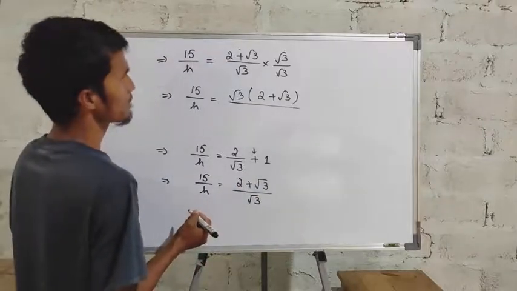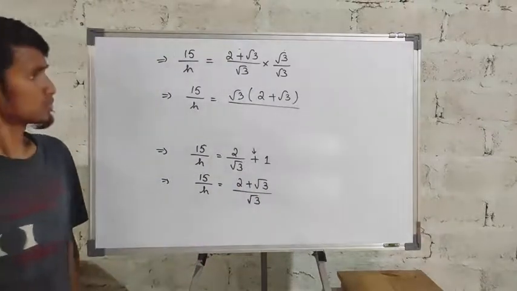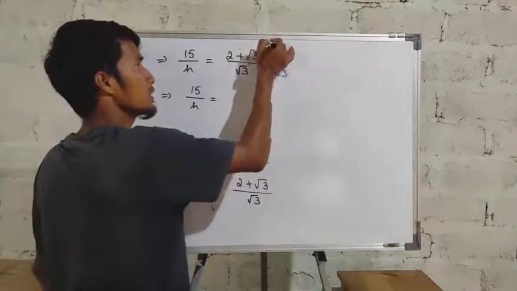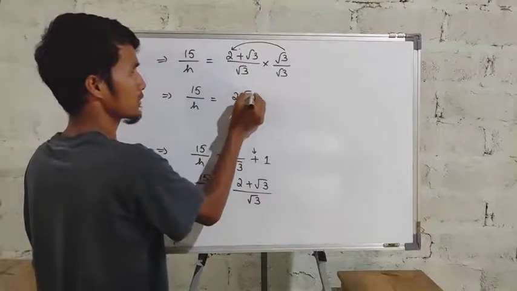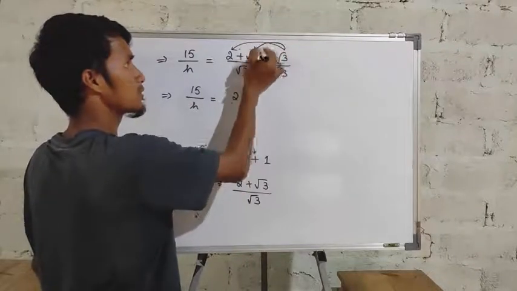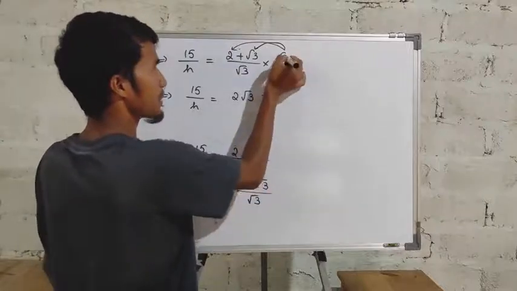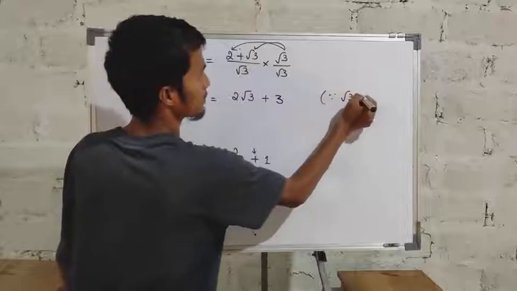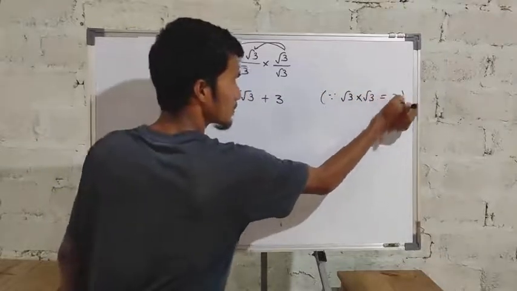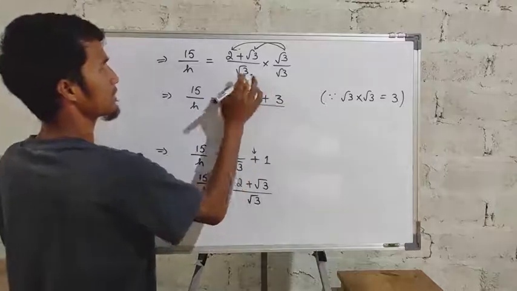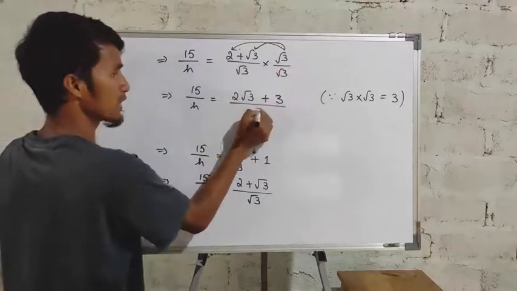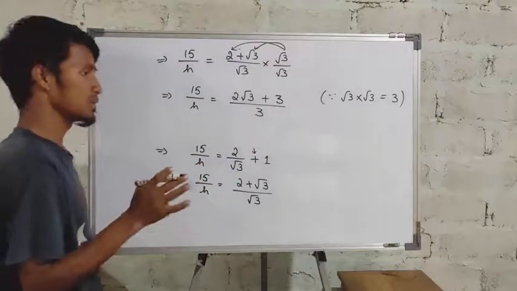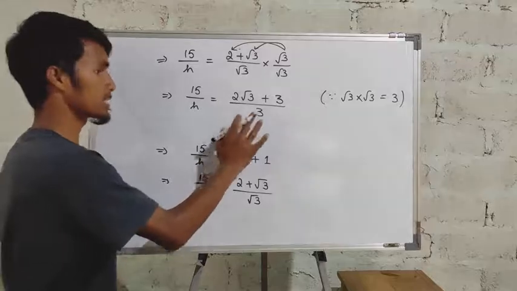Root 3 into 2, I got 2 root 3. Then root 3 into root 3. Remember, root 3 into root 3 is equal to 3. Then divided by root 3 into root 3, again 3. Now this 3 is no more a radical or irrational, it becomes a rational number.